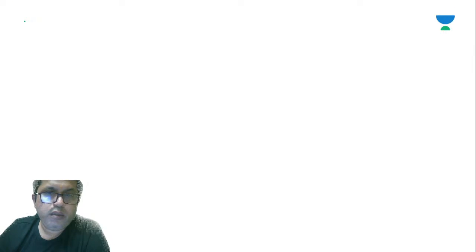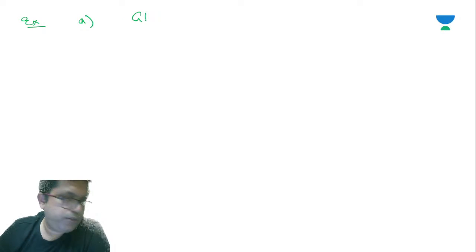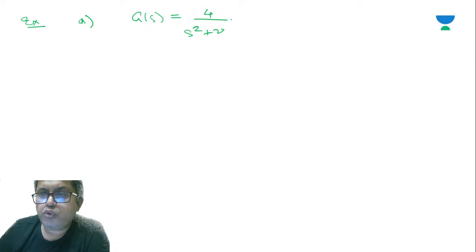Okay, so let us see one example. One function is given as G(s) is 4 upon s square plus 2s plus 2. Okay, it is a unity feedback system.